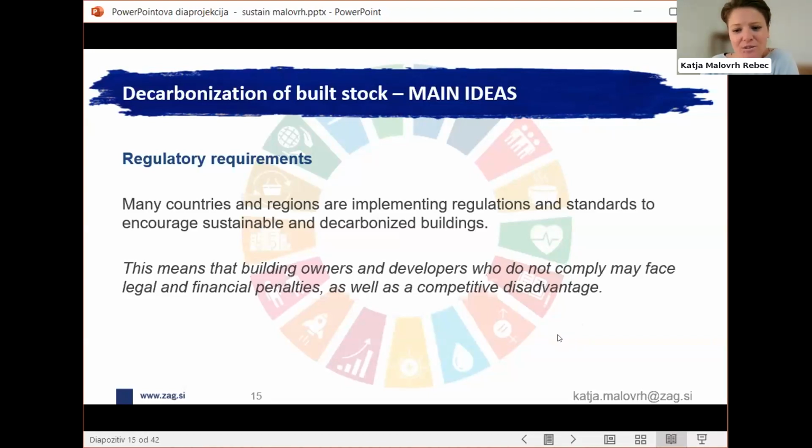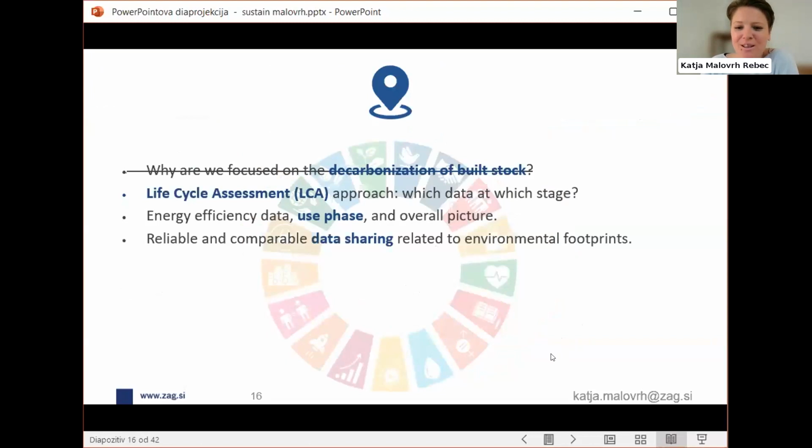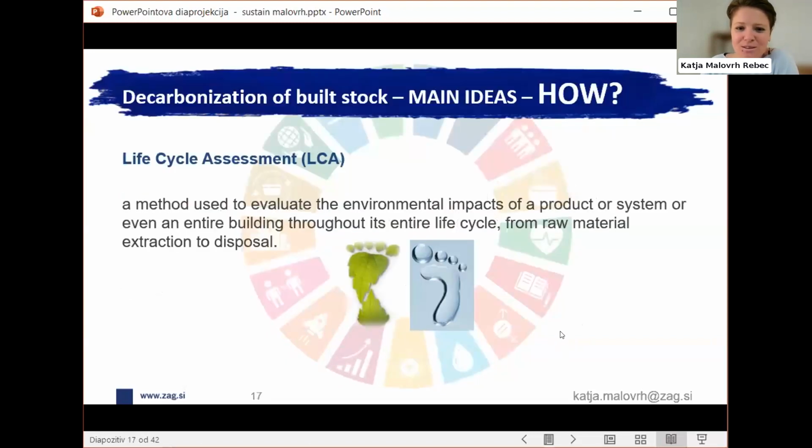So it's not enough if only a few are pushing in one direction and the rest are not participating. So that would be for the first question, and then let's move on to the more practical part, life cycle assessment.